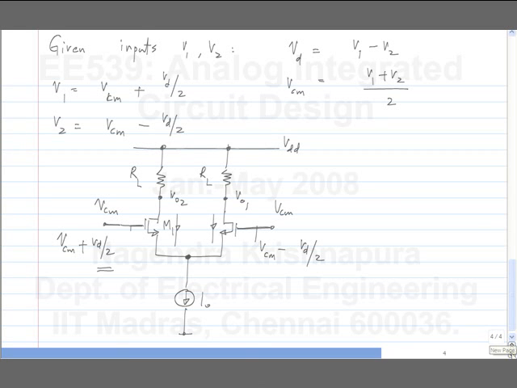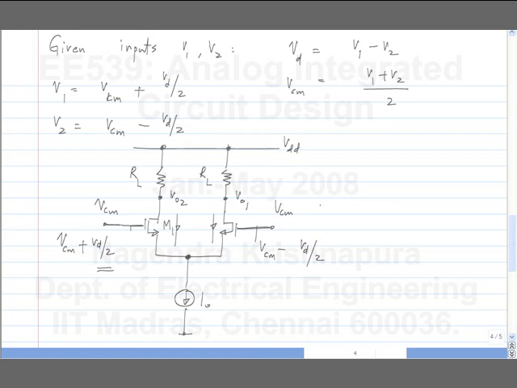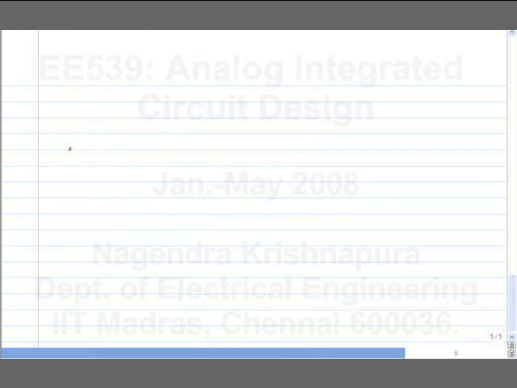So now, first let's just do the large signal analysis of the differential pair. Let's assume that VCM and VD both are DC voltages or slow varying voltages, so that we don't have to take into account the parasitic capacitances.